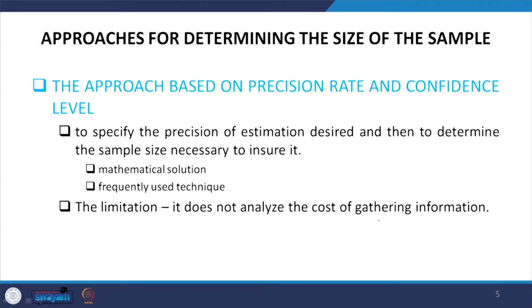Some mathematical solution is needed to justify the sample size correctly, and also some standard techniques are required, like, as I told you, convenience sampling, purposive sampling, snowball sampling, non-probabilistic methods, where we know certain frequently used techniques.